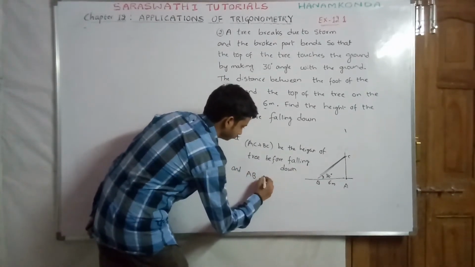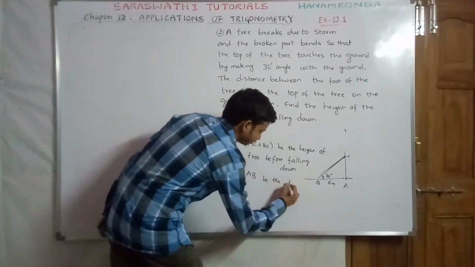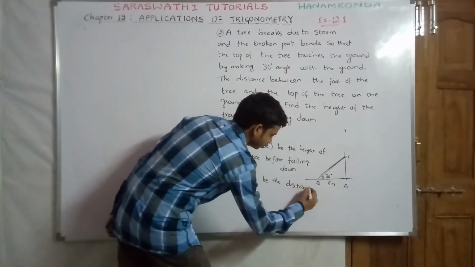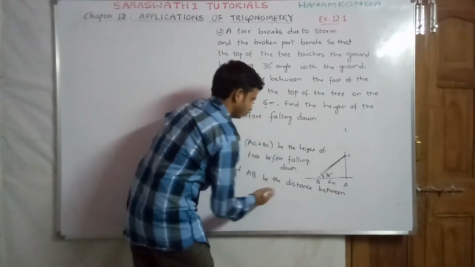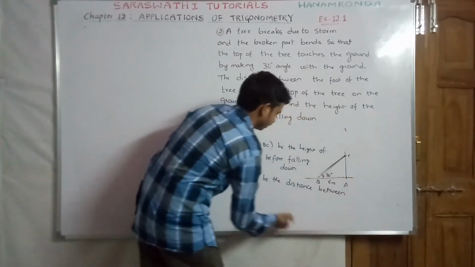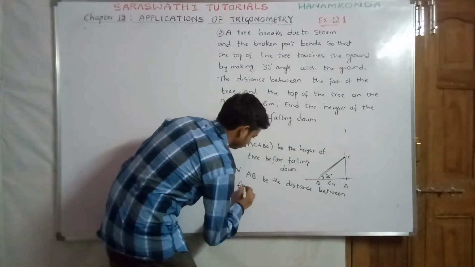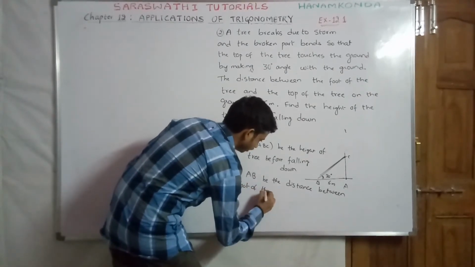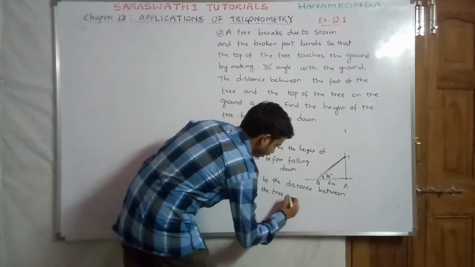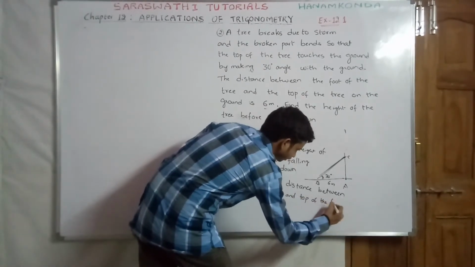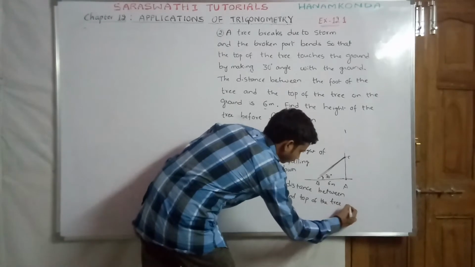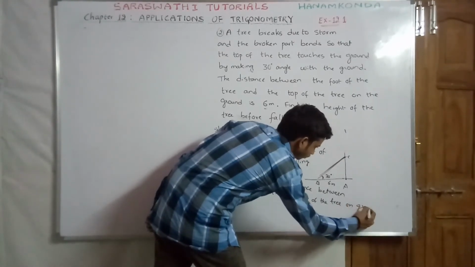And AB is the distance between the foot of the tree and the top of the tree and ground.